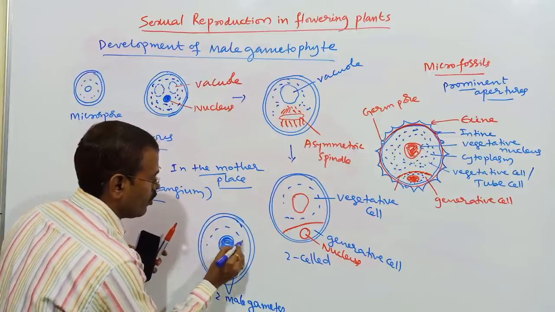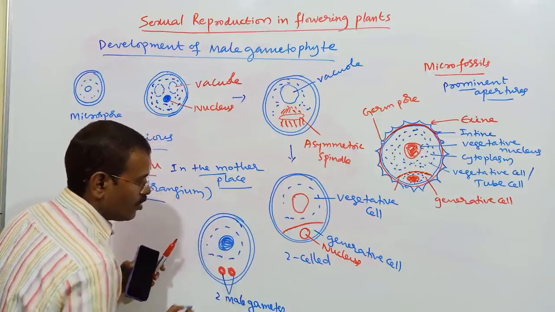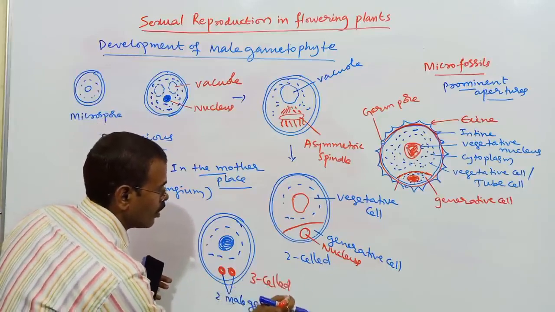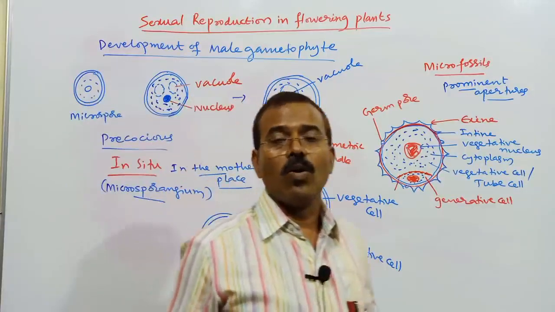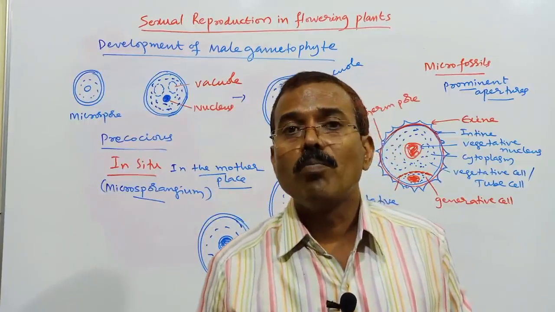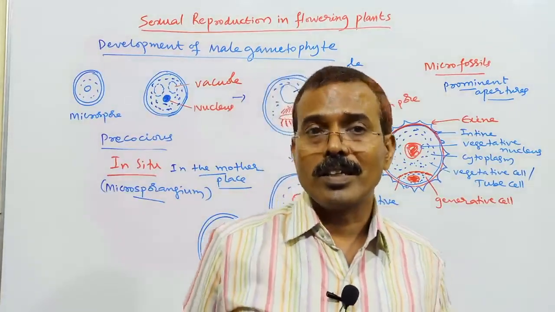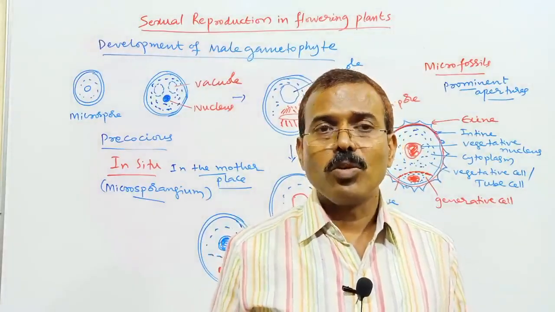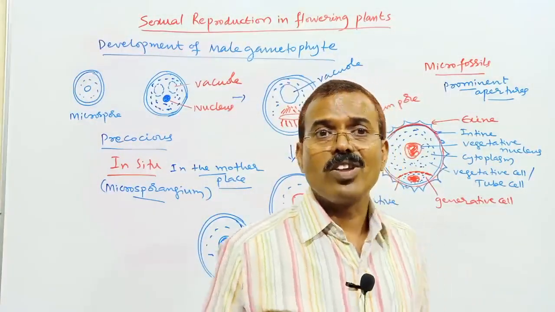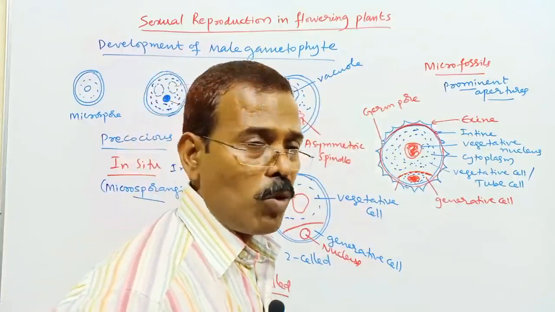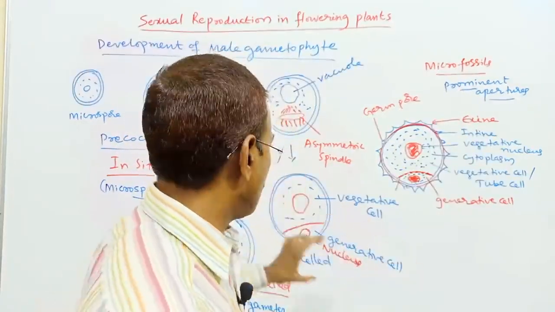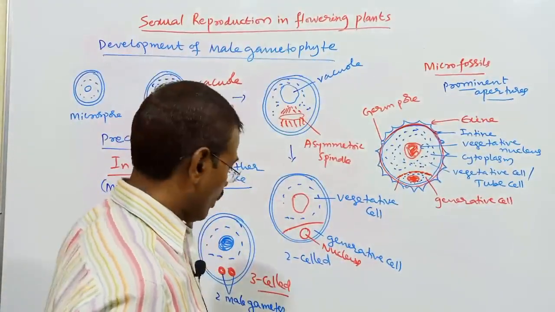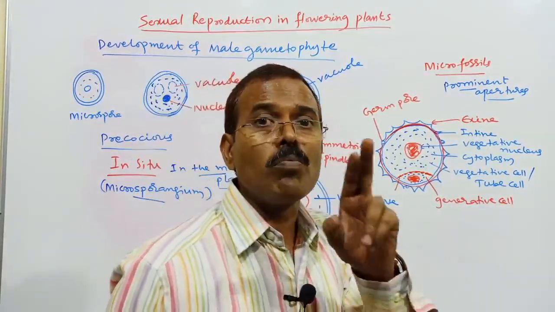This is all vegetative cell, and these are the two male gametes. So we can call this the three cell stage. This is how development of the male gametophyte occurs. Keep this in mind, right? It is in situ, it is precocious, which begins inside the microsporangium only. Initially it will be a two cell stage, and later on it can become a three cell stage. Three cell stage, I told you, is the mature male gametophyte.